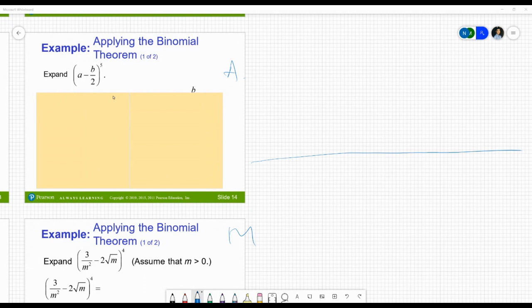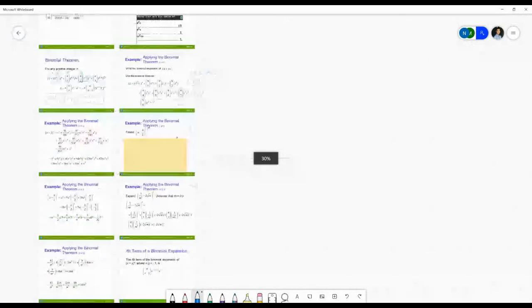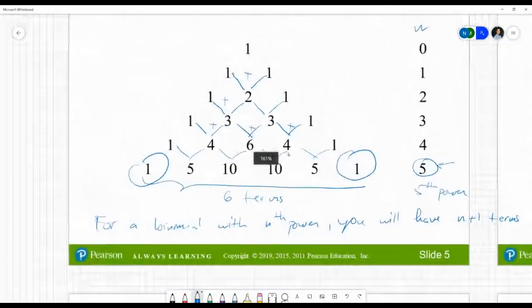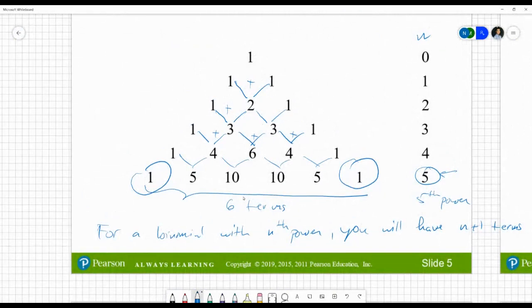So if you want to use the Pascal's triangle, you can go ahead, because this is only to the 5th power, so it's not that long to create the Pascal's triangle. But if you get something a little bit higher, like 9th or 10th, then you can always use the combination. Now, one thing I want to point out is that the Pascal's triangle is symmetric. So if you look here, right down the middle, you see how the numbers are reflective of each other, right?